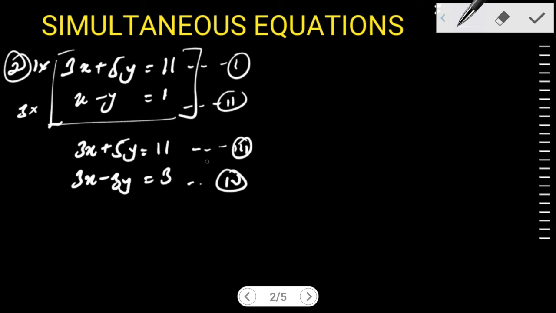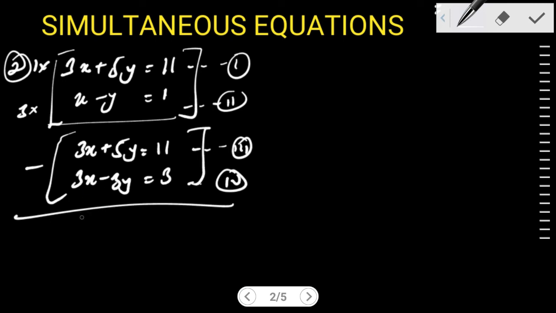And therefore, if I'm to work out this, you find that I have to just use the appropriate sign to eliminate, for example, x. Now if I just subtract, I'm going to get 0, then 5y minus 3y, this would be 8y, and then 11 minus 3, this is equals to 8, then all over 8, and y would be equals to 1.